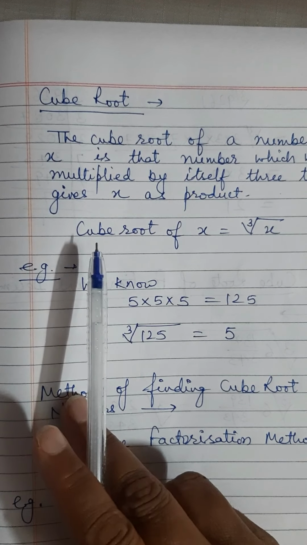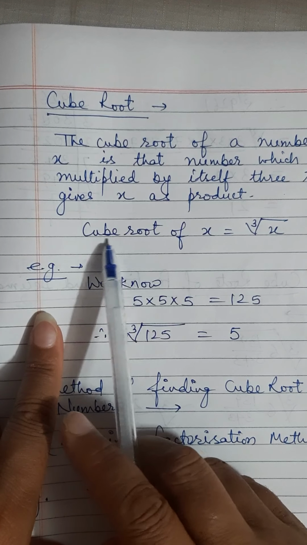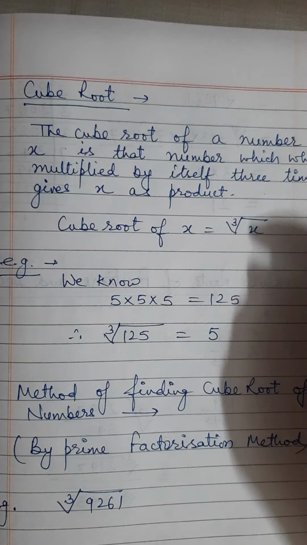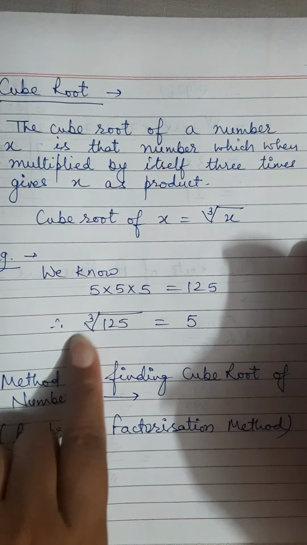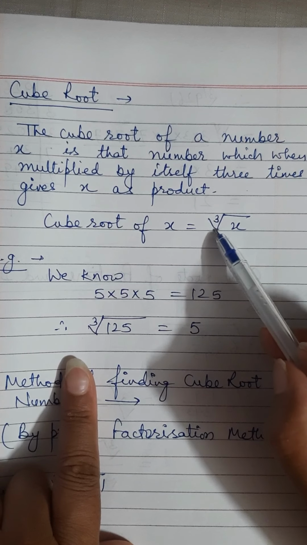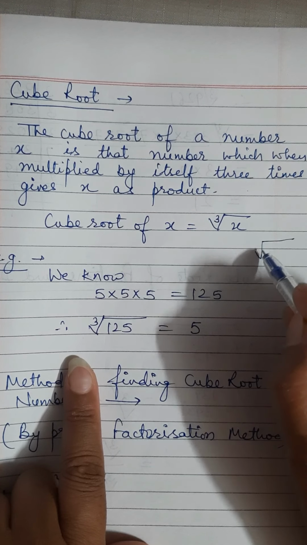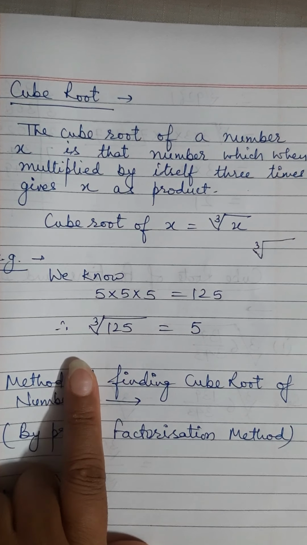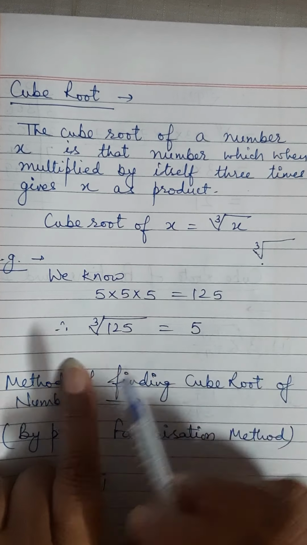We can denote the cube root of x like this. This is the symbol of cube root. This is a notation for cube root. It is just like the square root symbol, but we have to write 3 in between. Okay, so this is the sign of cube root.